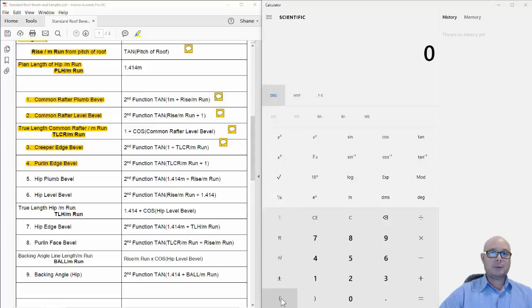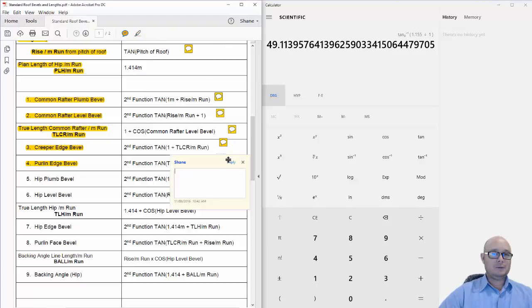For this calculator I need to start with the brackets, and it's TLCR per metre run, which is 1.155, and divided by 1, close bracket, and it's second function tan, so tan minus 1, and it gives me an answer of 49.1 degrees if I'm going to use 1 decimal point. So I'll post that there, 49.1, and that's the bevel angle for the underpurlin edge bevel.